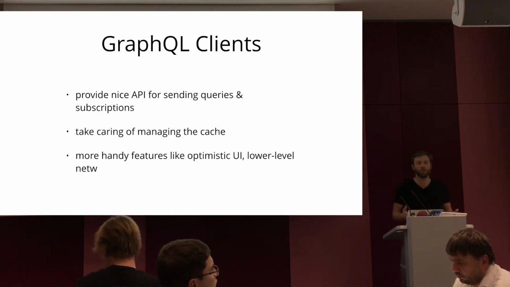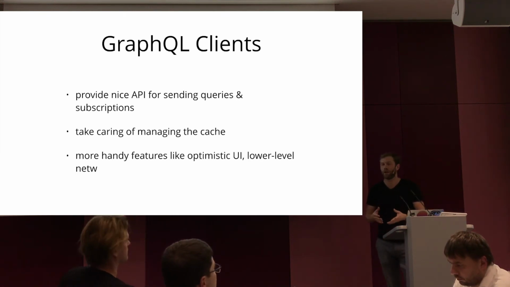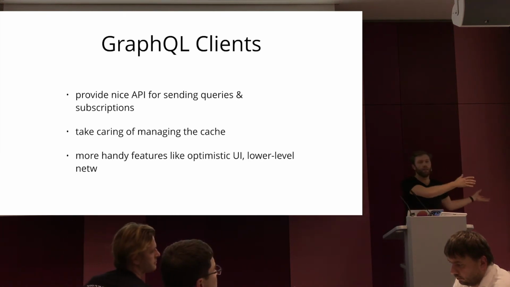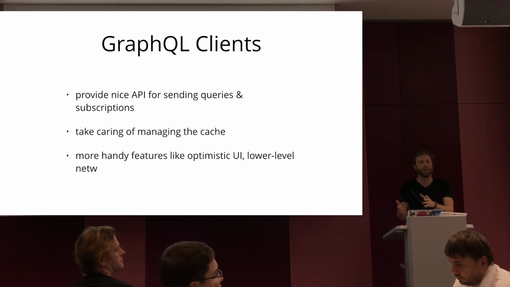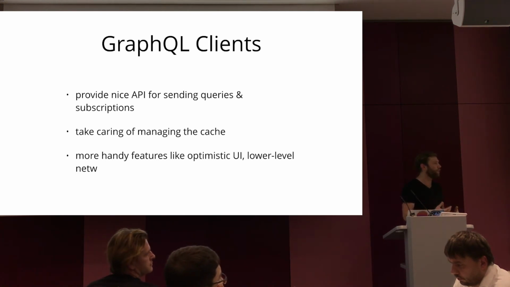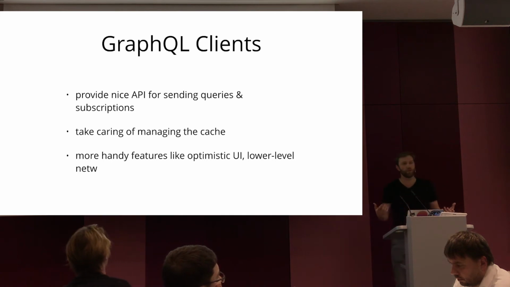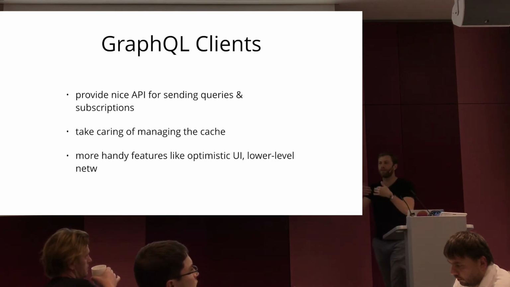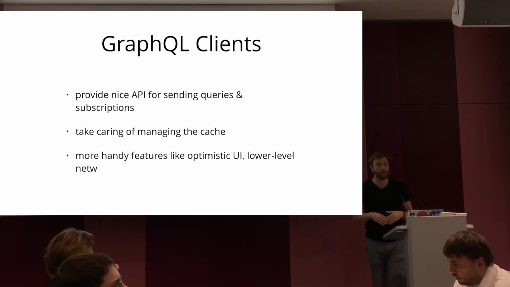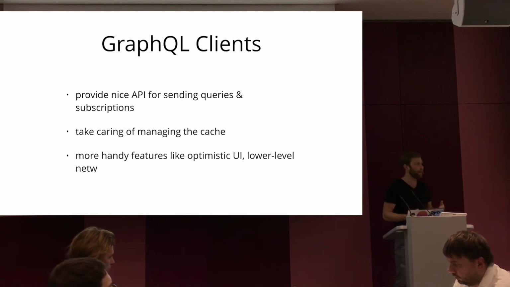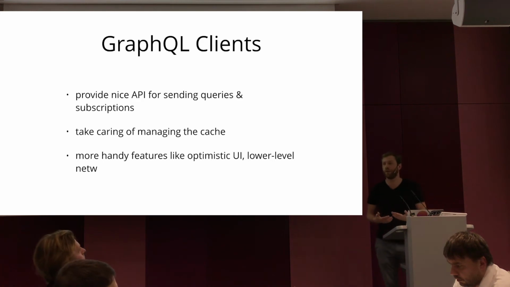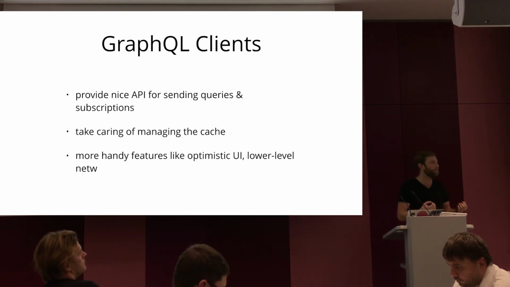And then whenever you want to send a query or a mutation, you just define that mutation and you pass that to the GraphQL client, and the GraphQL client will take care of all this: creating the HTTP post request, sending the request, parsing the response. And also if you're using a client like Apollo that we're going to use, and if it has a view layer integration, you'll see that when you're working with React, it's actually much, much nicer, because then you don't even have to manually work with the data that you receive.